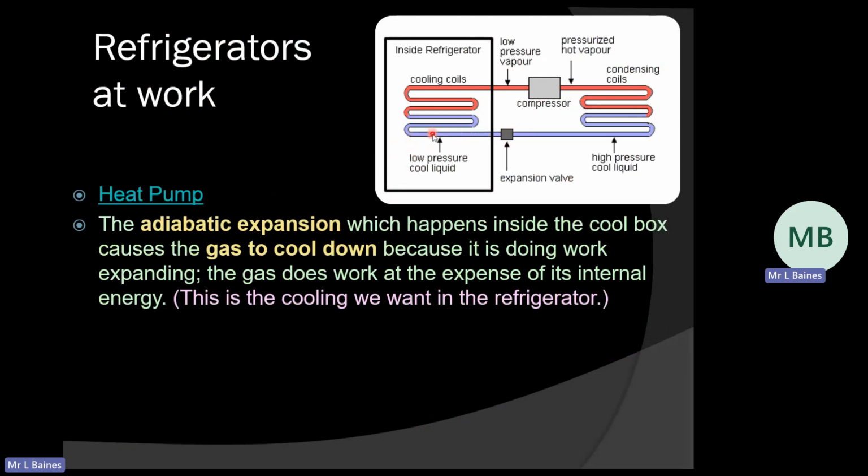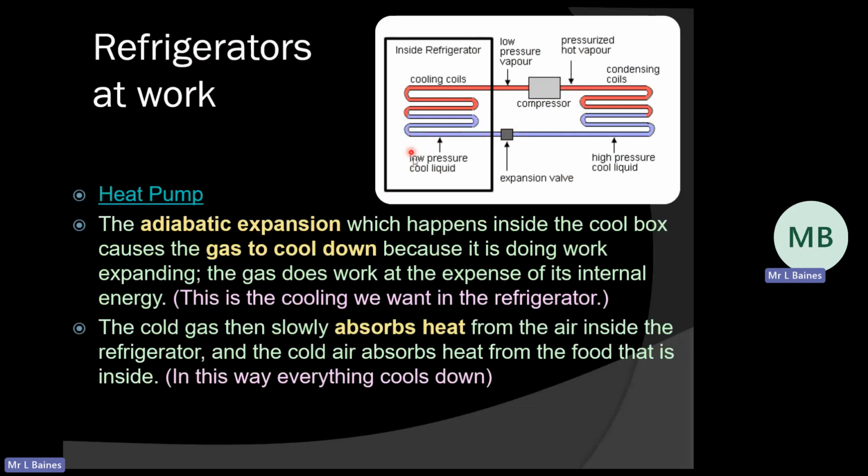When the gas is expanding and it's very cold, it then absorbs any heat energy that's in the fridge into the gas coolant that is traveling through your fridge. That's why, as you come up here, you see that it warms up. It's taking energy out of the fridge and absorbing it into that gas. Now I've got a warm gas traveling through, and then it goes back outside of my fridge.